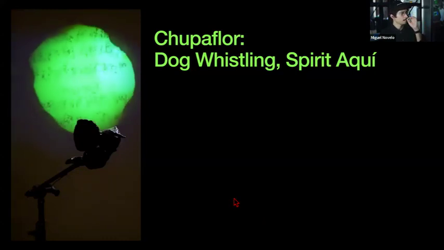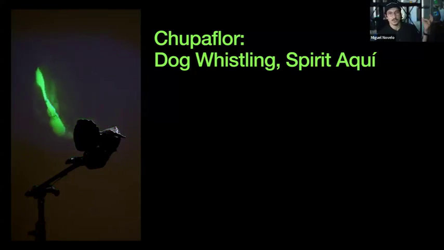This is Chupa Flor, whistling Speedy the Key. This is generative AI based on memories of my past, of a person I'm trying to reach out to. And these are the textures of the 3D model that is being displayed in the background.